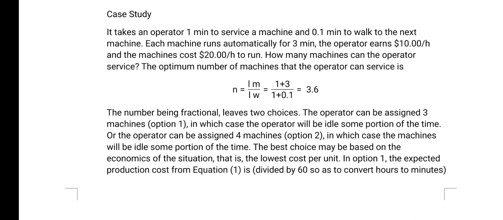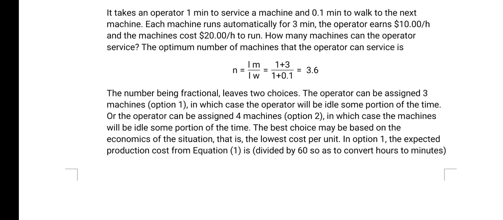And the optimum number of machines that the operator can service is: as you can see, n is the number of machines that the operator can take, with I being the service time of the operator, times the machine run by itself per the operator service time, times the walk or idle time.